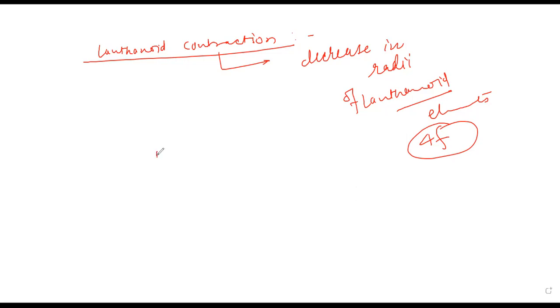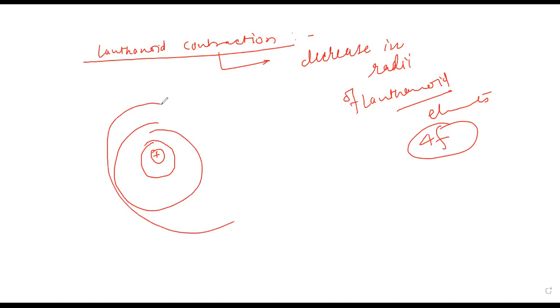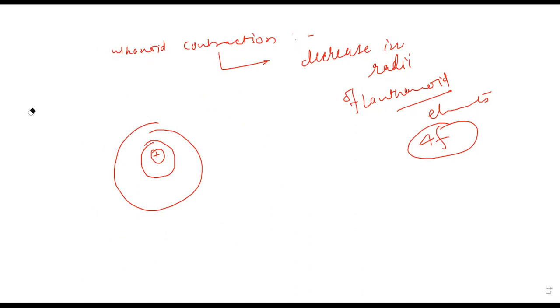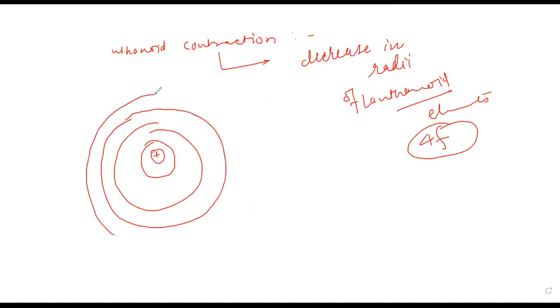So what is happening? Firstly, the nucleus is there. Then it is going to fill. How is it going to fill? Suppose the last shell we are going to study.